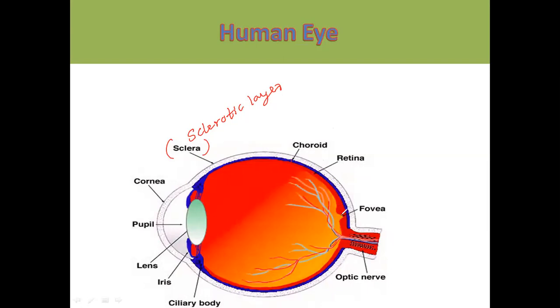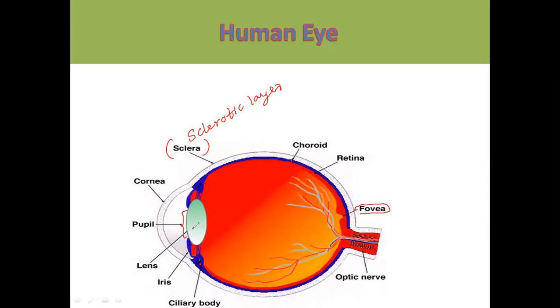It is not clear enough, so I will explain this one later. Fovea. Then the optic nerve, the nerve which goes to the brain, connected with the brain, is called the optic nerve. Now here the muscles like this, these muscles we call ciliary muscles. This part is called the pupil, and this is the lens.